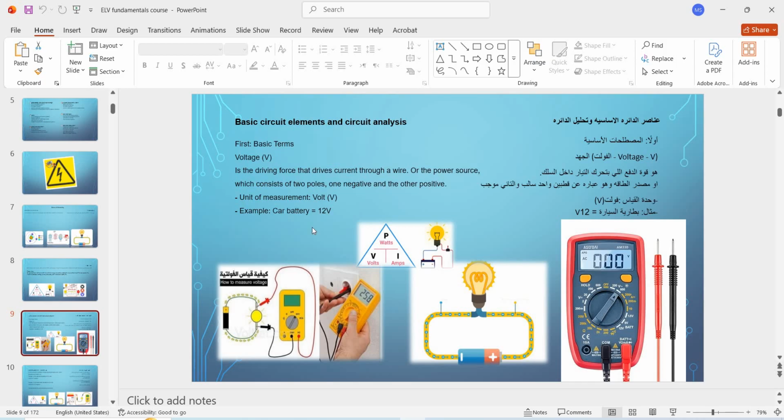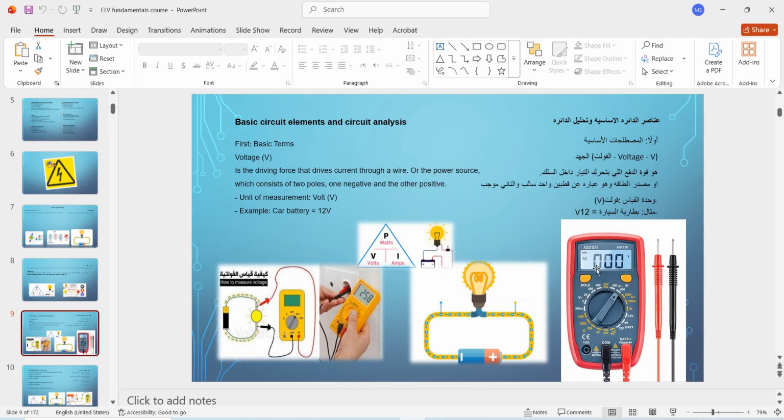The unit of measurement for volt is V. We always say this battery is 12 volt, 24 volt, and so on. And we understand how to get the volt. If you need to get the volt, you have to cover the volt part and divide the power by the amps. We have one tool here, called a multimeter.